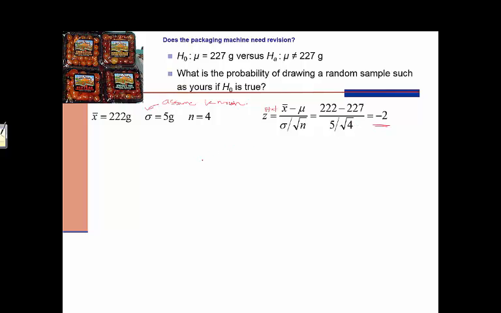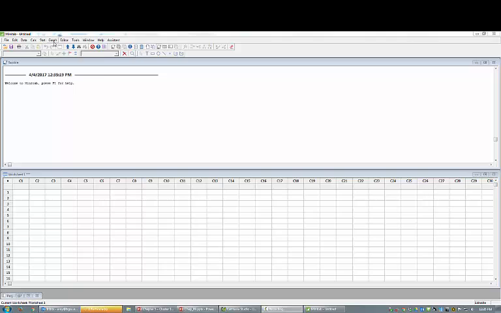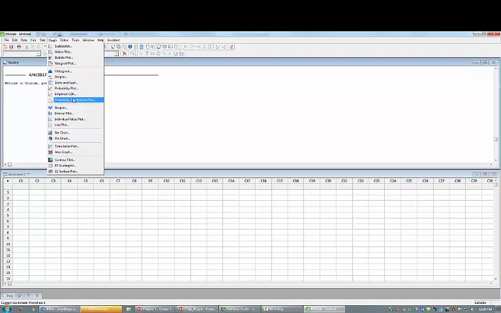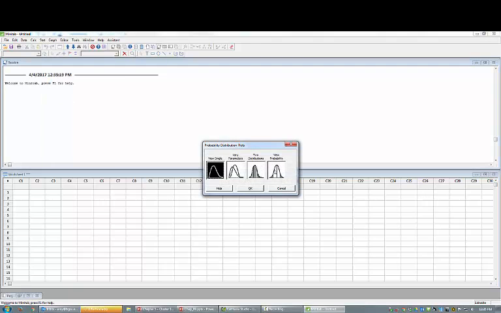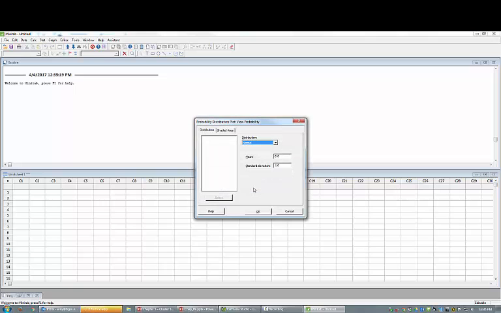Okay, then I can go to Minitab and put in the z-stat value. So let's do that. Okay, I can go to graph, probability distribution function, view probability. Okay, so same place we've been coming to find out probabilities. Again, we're working with z values, so you leave it as normal with mean of 0 and standard deviation of 1.